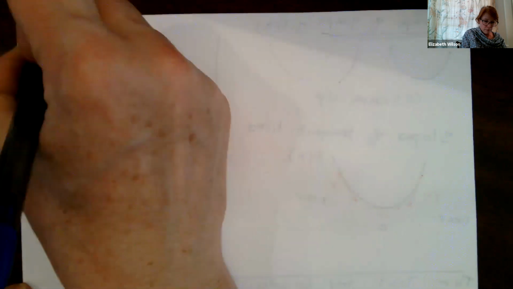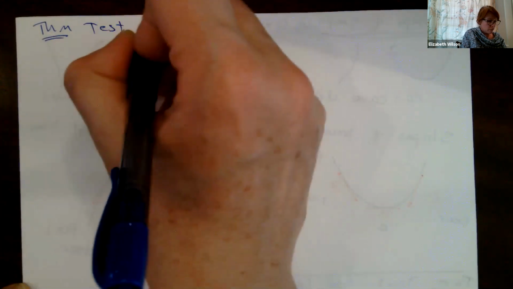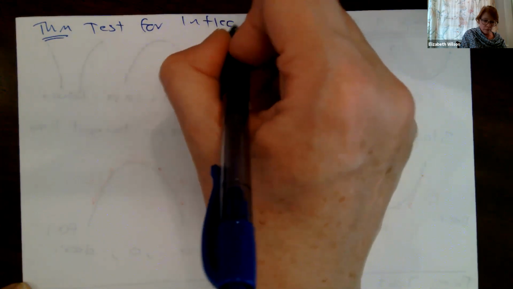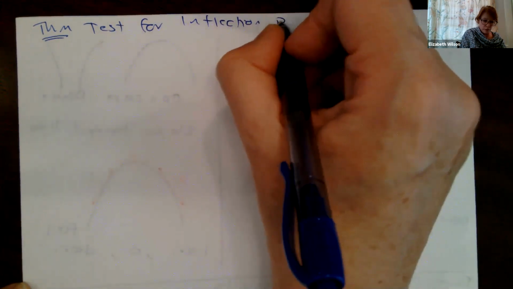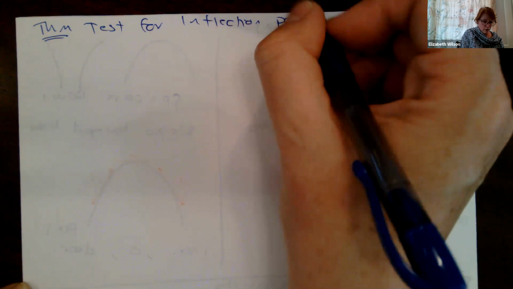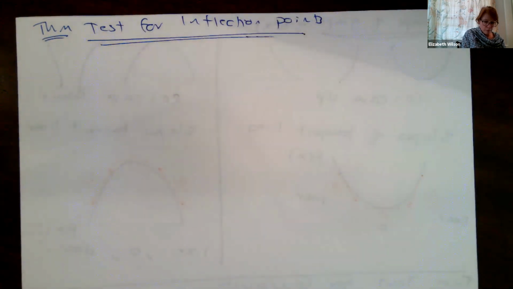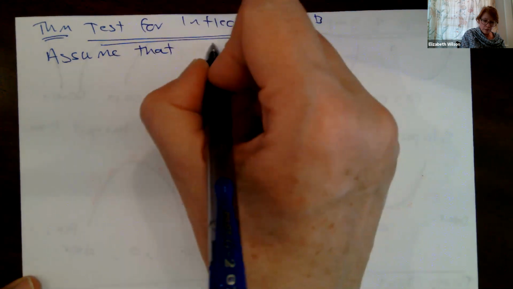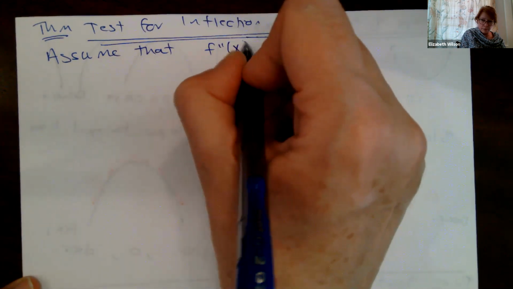So we've got a test for inflection points. Also a theorem. So our test for inflection points is like this. Again, we have to assume that our second derivative exists.